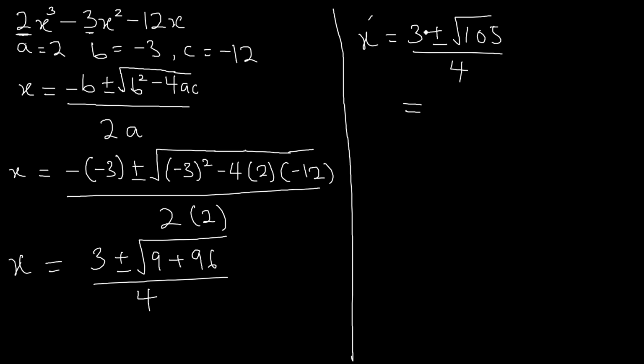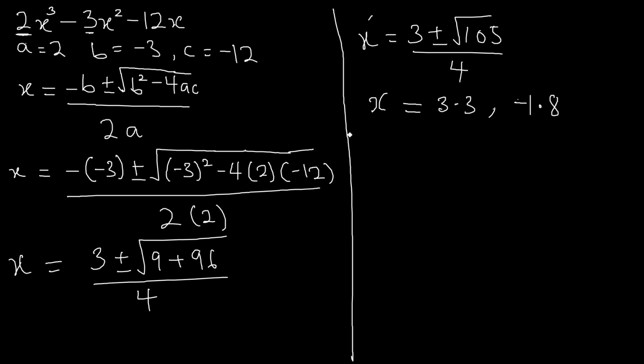After that, you do 3 minus square root of 105 all divided by 4. After doing that, you are going to get two values for x, and the values should be 3.3 and then negative 1.8. These are the values you are going to get.